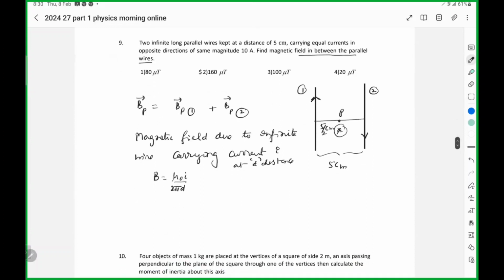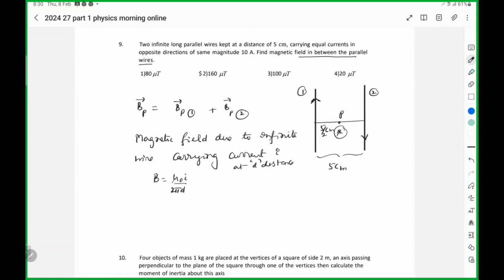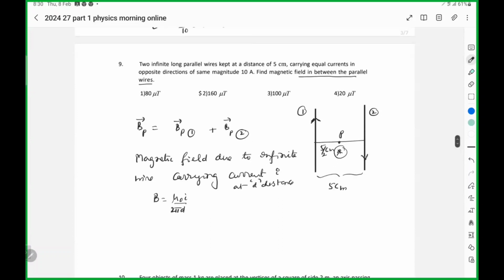Right. Here also the magnetic field due to the other wire which is carrying current will be inwards. Put the thumb in the direction of current, the fingers show that the magnetic field will be in the inward direction.